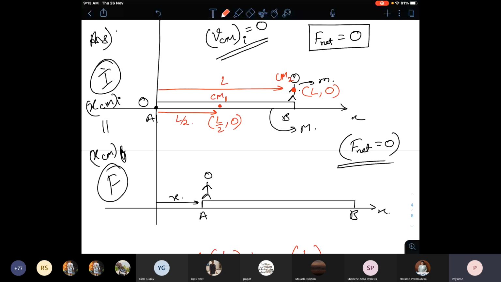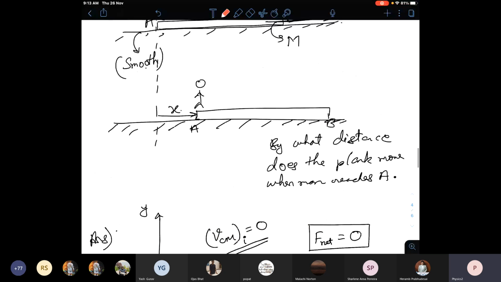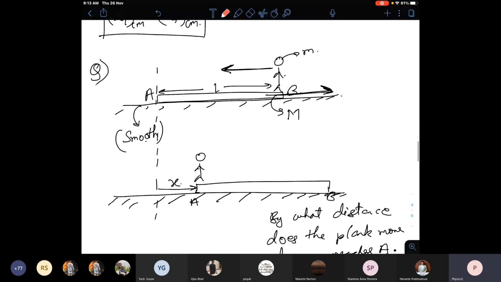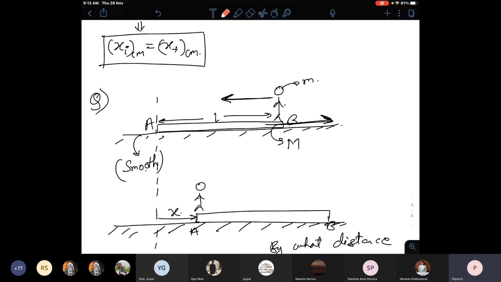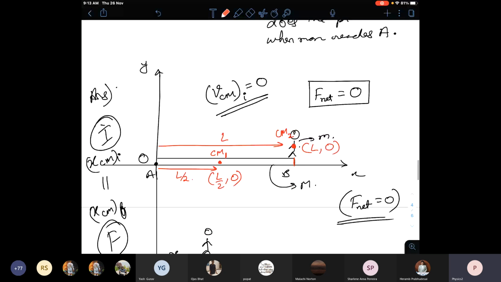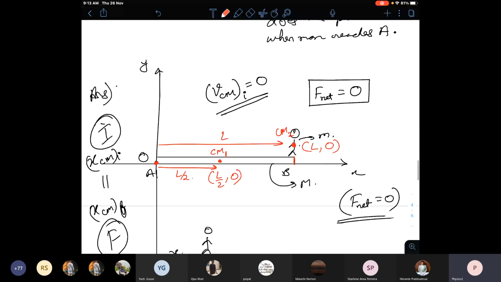That man is standing at one end of the plank, and in the question it is already given that the length of the plank is L. So from the origin the man is standing at a distance L. So its x coordinate will be how much? Its x coordinate will be L. So the coordinates of center of mass for the man will become L comma 0.